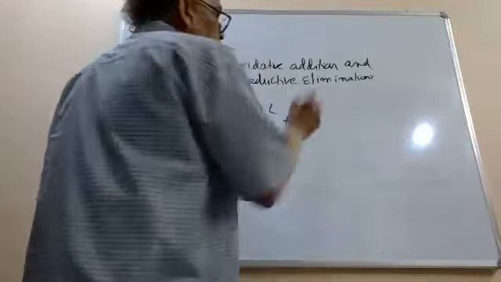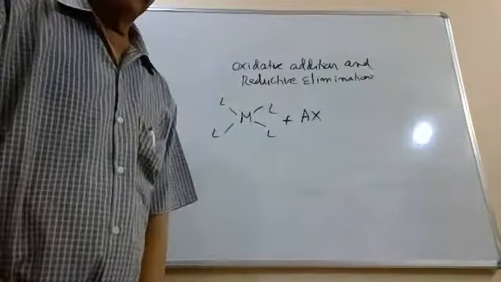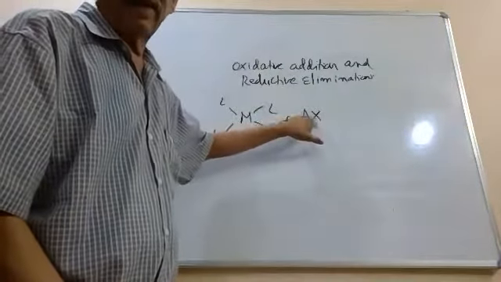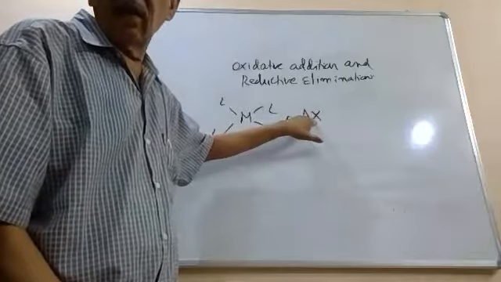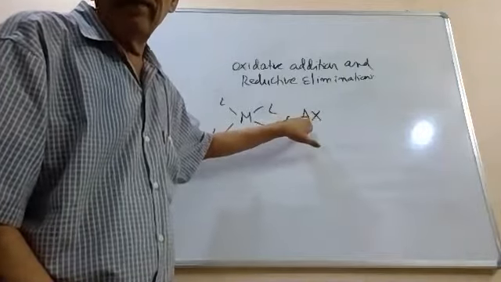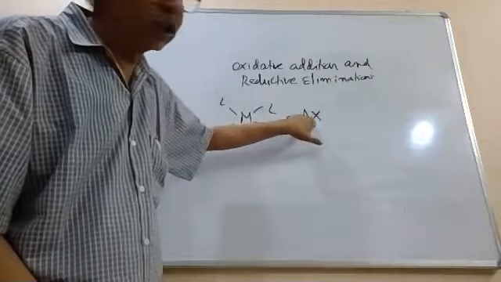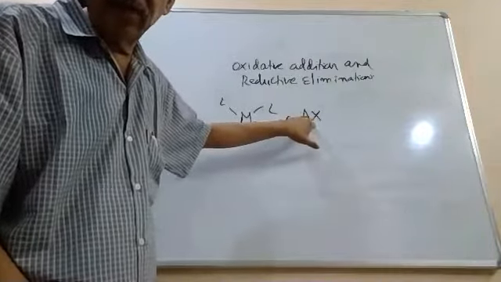And when you add a species, it could be methyl iodide, where A could be methyl and X could be iodide, or it could be simply a homonuclear diatomic molecule such as hydrogen. So H-H is another example.